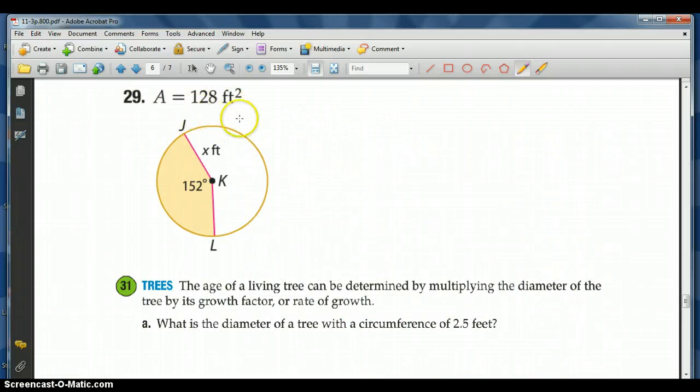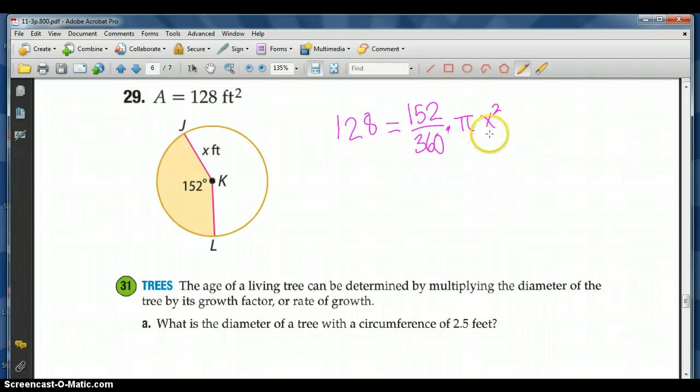So the area of our sector is 128 square feet, and that will be equal to our central angle over 360 times the area of the circle, or pi radius squared, where our radius is x. So we want to solve for x. So the first thing that I would do is multiply both sides by the reciprocal of this fraction.